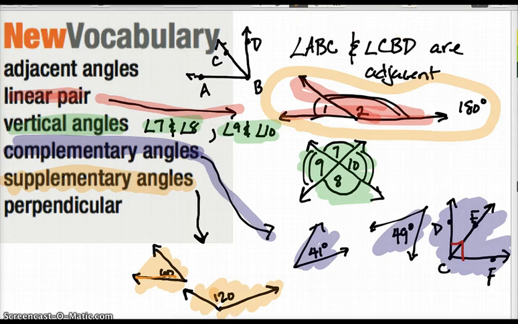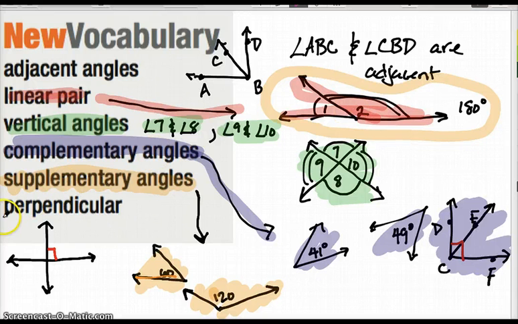And our final concept today that we're going to talk about is one that we've seen but not actually discussed, is perpendicular. So a line that crosses another line, or even a segment that crosses another segment, where they intersect and they form a 90-degree angle, these guys are referred to as perpendicular lines.